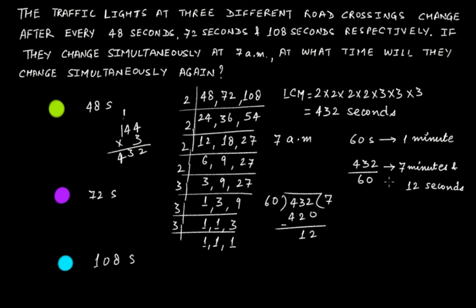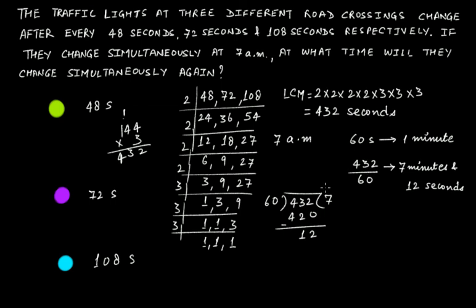This 432 has been changed into minutes. So if you change 432 seconds into minutes, it will be 7 minutes and 12 seconds. That is, after every 7 minutes and 12 seconds, these traffic signals will change simultaneously.